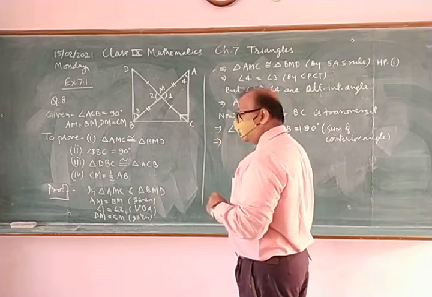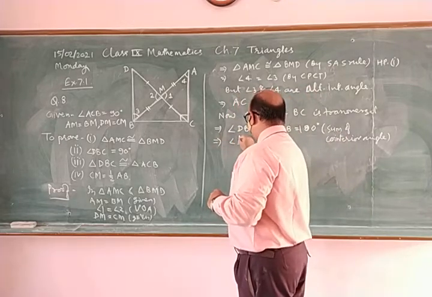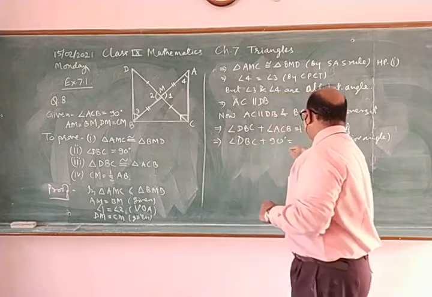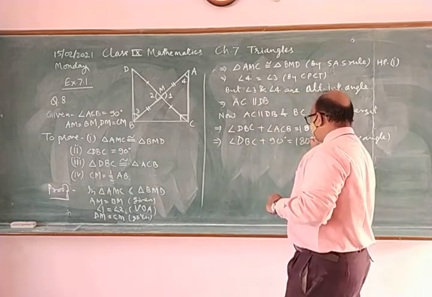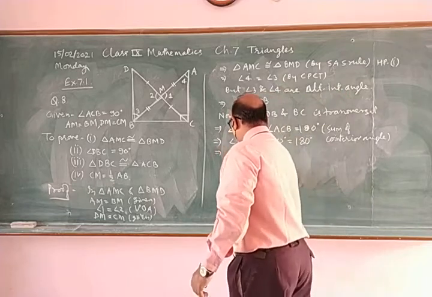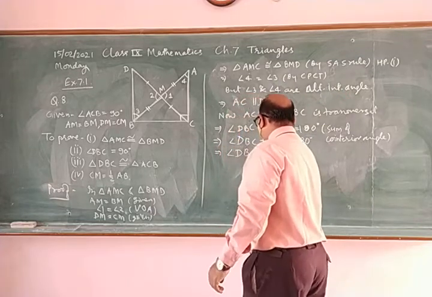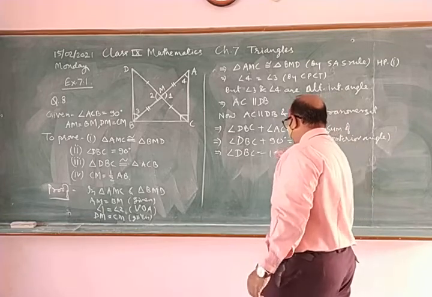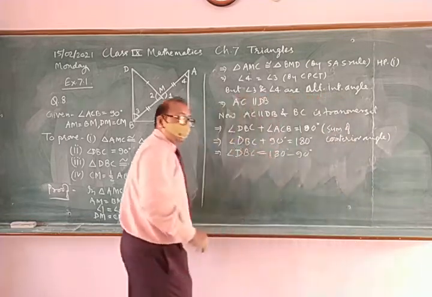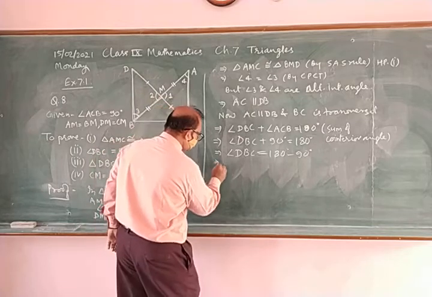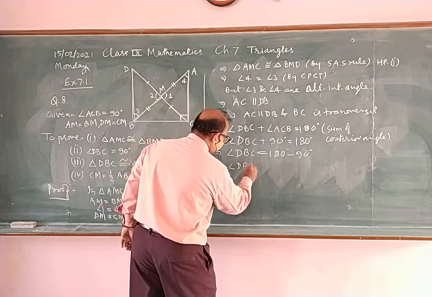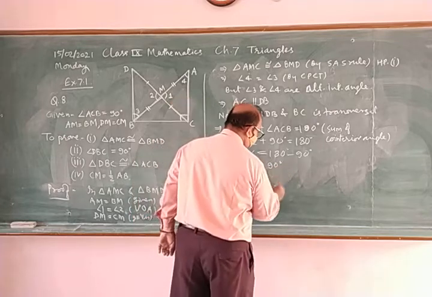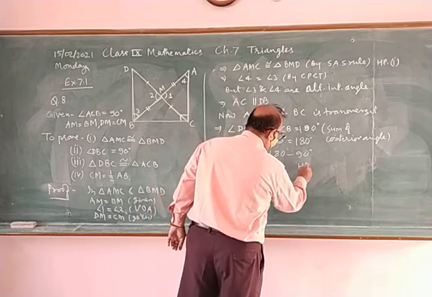This is given. So angle DBC plus 90 degrees is equal to 180 degrees. Therefore, angle DBC is equal to 180 minus 90, which is 90 degrees. Angle DBC is equal to 90 degrees. And this proves the second part.